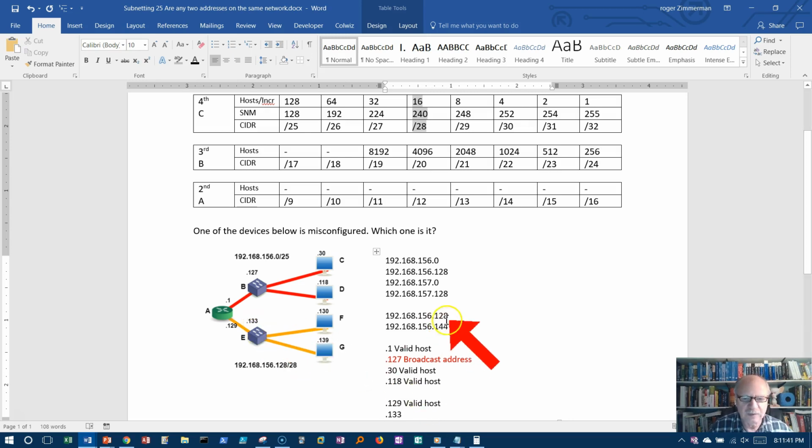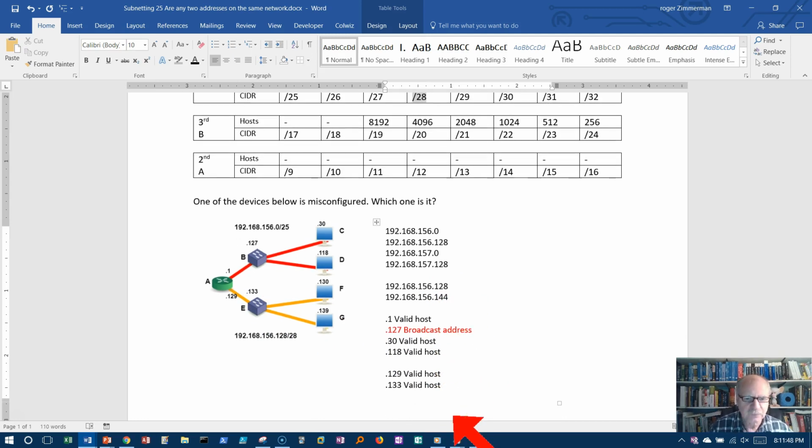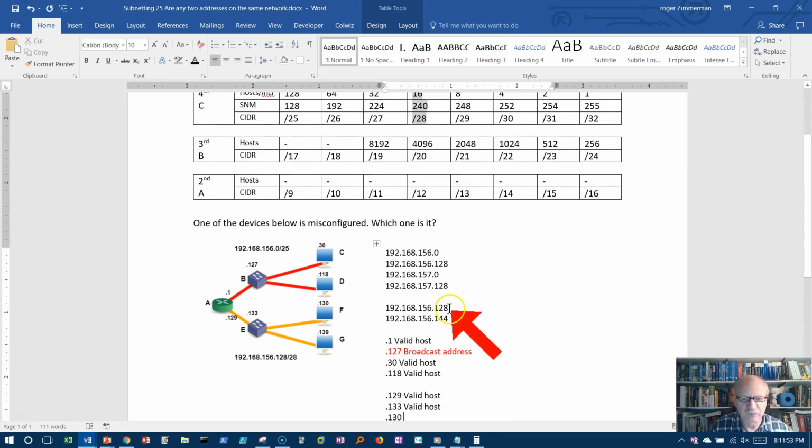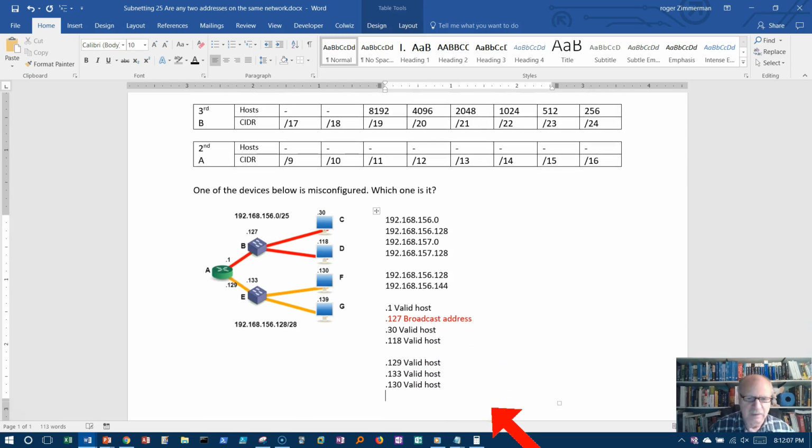Well, 133 falls between 128 and 144, so yes, that's a valid host address. 130, well between the 129 and the 142. 143 is the broadcast, 142 would be the last valid host. So yes, that's a valid host. And finally, the .139, well between these two, so that is a valid host.